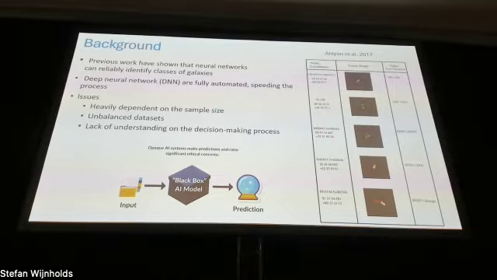And the third one is the lack of understanding of the decision-making process. As we all know, when we use any type of deep learning or machine learning network, it's like a black box. There's a magic that goes on, but we don't understand what's happening.